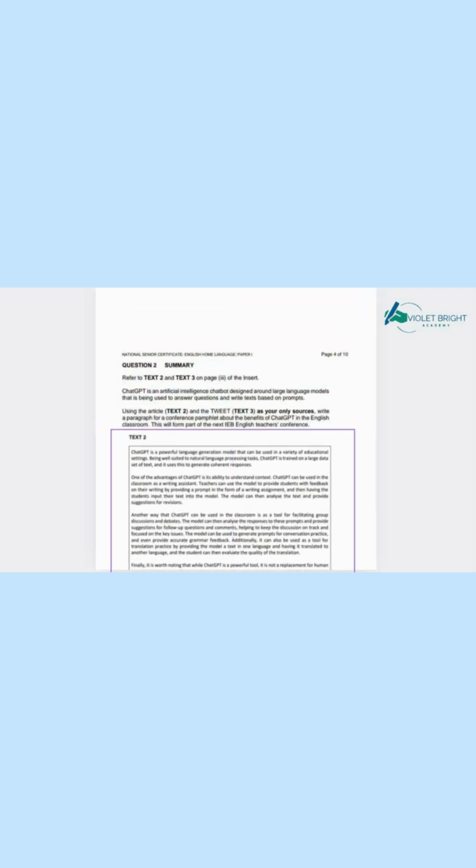Now, when you're summarizing, you should ask yourself this. Every time you read something, refer to the original question asked and see, does this answer the question asked? You are supposed to speak about the benefits of ChatGPT in the English classroom, right?